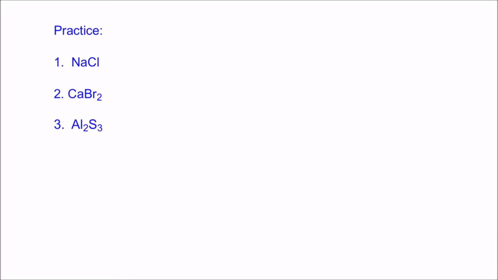So, is sodium a metal? You look on your periodic table and remember, anything to the left of that stair-step line is a metal. So yes, sodium is a metal, which means we can apply our new rule here. That rule says you say the name of the first element, then the stem of the second element, and then add IDE. So let's give it a try.